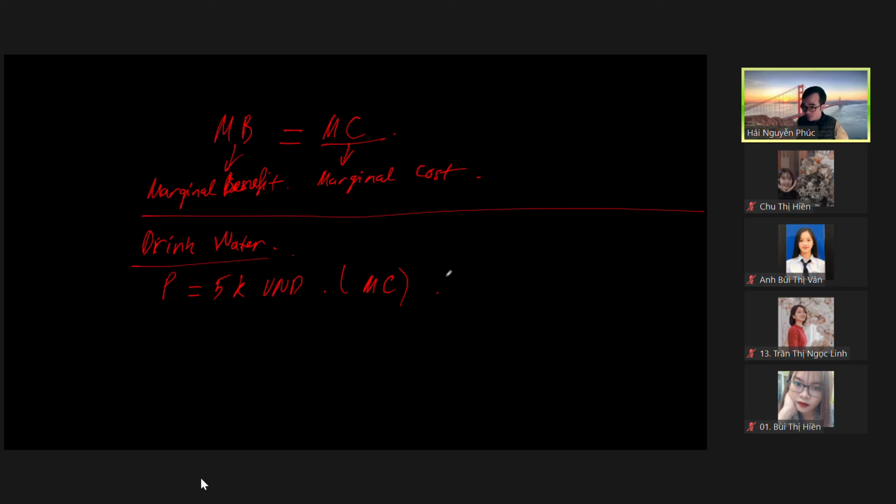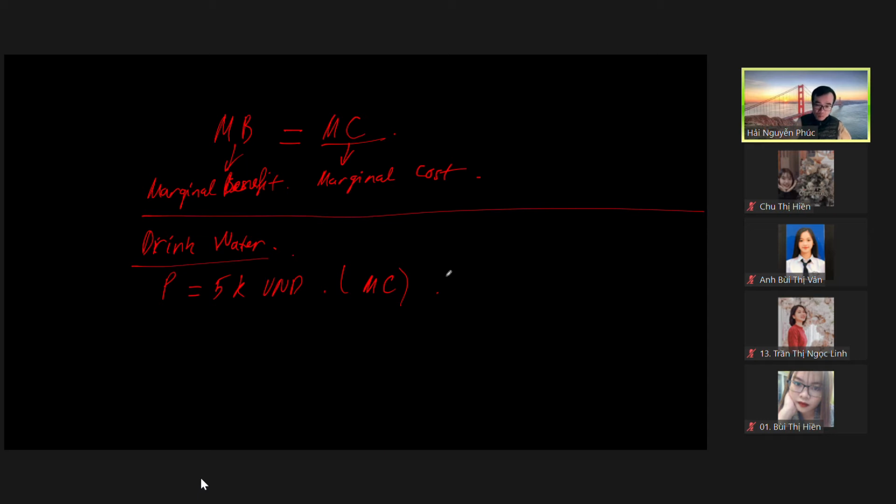Understand? Once again, we assume that the price of water is $5,000, and it means that your marginal cost is constant, because you will always have to pay $5,000 for an additional bottle of water.